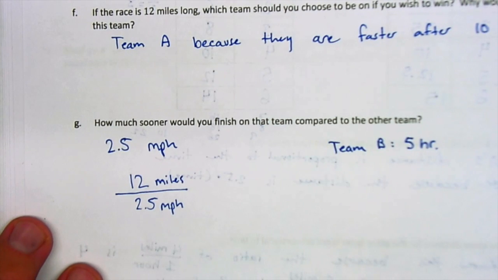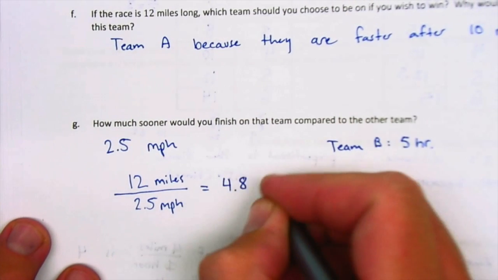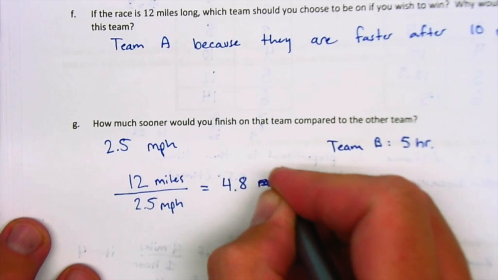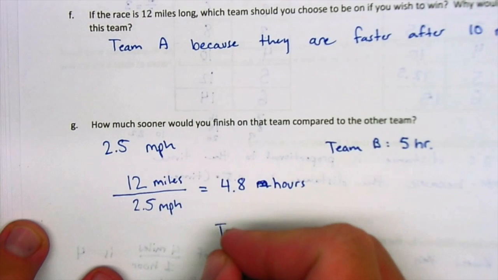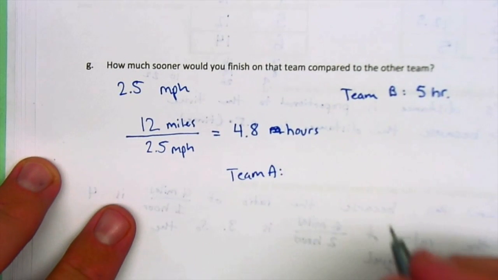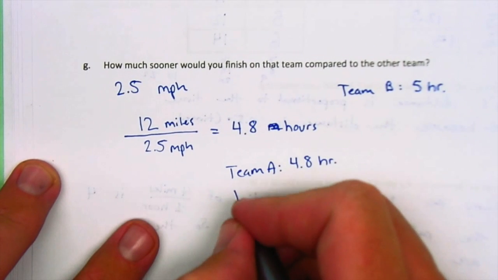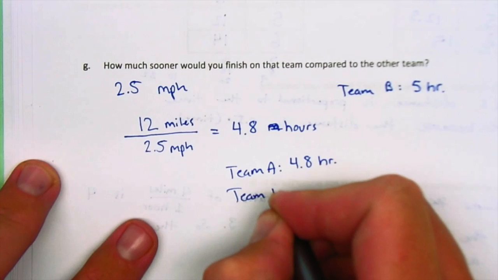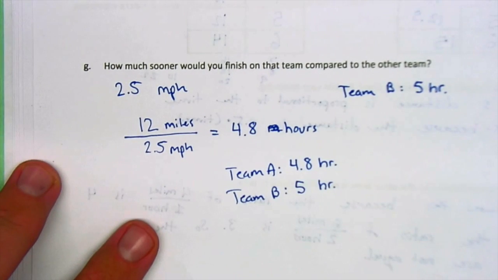So when I do that, I do 12 divided by 2.5, and this is where having a calculator comes in handy. I get 4.8 hours. So that's for Team A. So Team A does it in 4.8. Team B, it takes them 5 hours. So Team A would win.